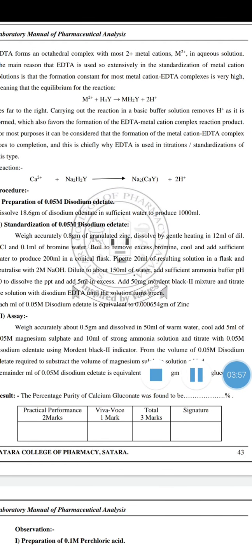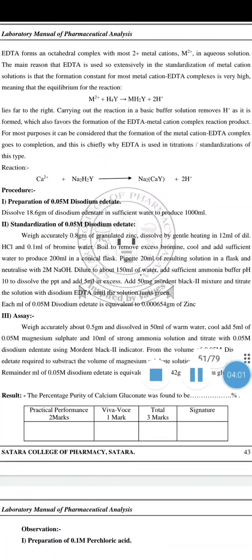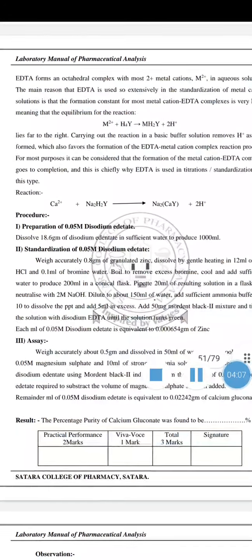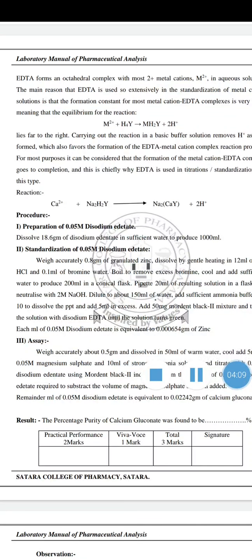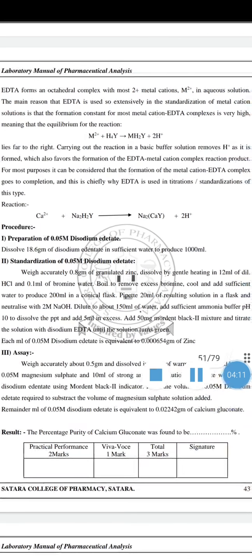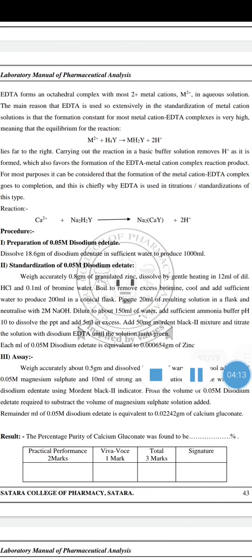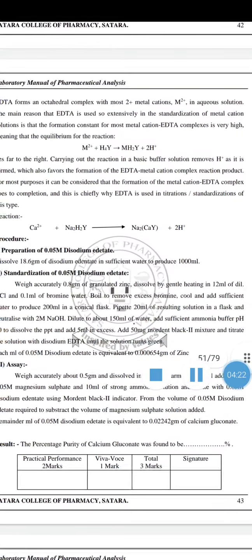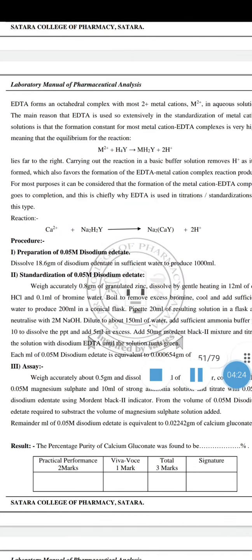Carrying out the reaction in a basic buffer solution removes H+ as it is formed, which also favors the formation of the EDTA-metal cation complex product. For most purposes it can be considered that the formation of this metal cation-EDTA complex goes to completion, and this is chiefly why EDTA is used in titration or standardization of this type.